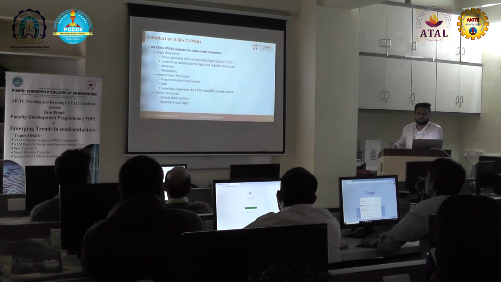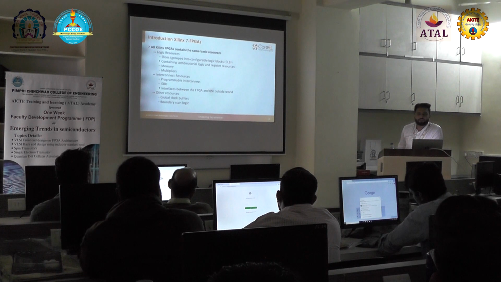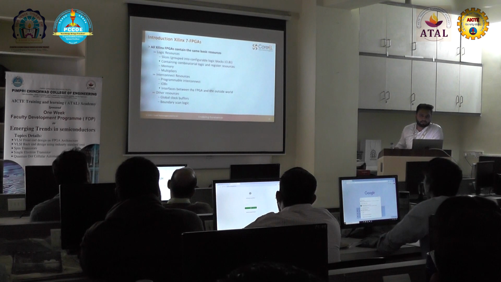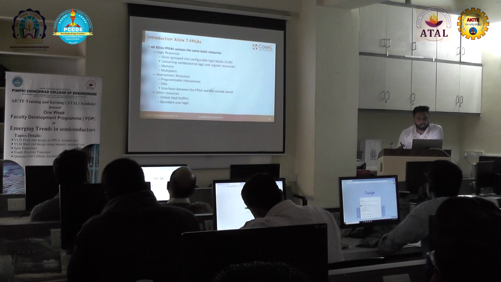SLICEL is meant only for logic; it is not going to store any data in the slice. SLICEM is meant for distributed memory, and it also acts as a shift register. So SLICEL is only meant for logic and is not going to store any data. These are grouped into a CLB, configurable logic block.